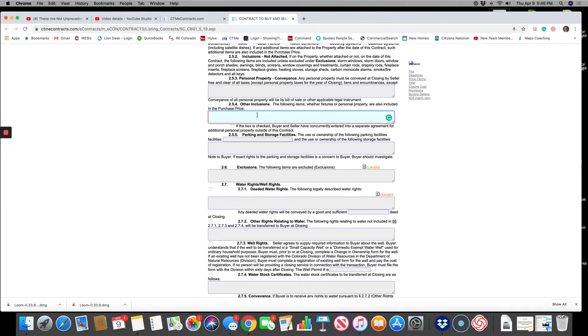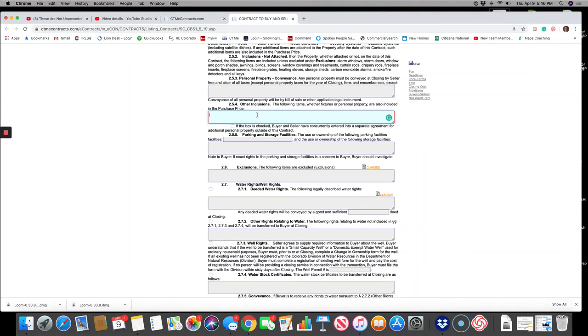I want to pause for a second and talk about garbage disposals. Garbage disposals are supposed to be listed here. I personally have gone through a contract where I failed to type in a disposal would be included. It was a flip, and the seller took out the garbage disposal. We went to do our walkthrough, turned on the water in the kitchen sink, and water was going right into the cabinet.